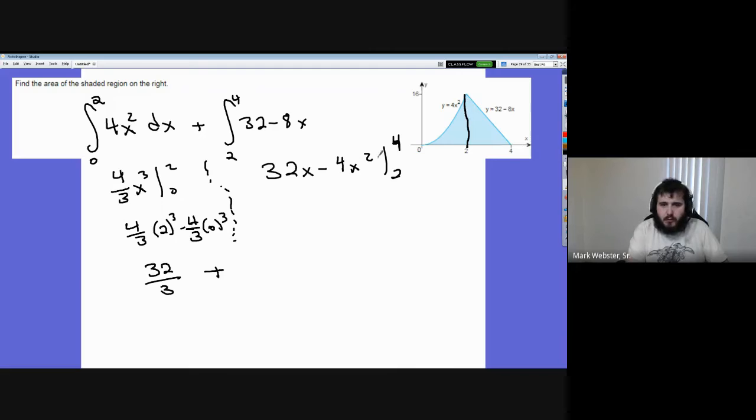And again, you'll do these separately. 32 times 4, 128, minus x squared, so 4 squared, 16, minus, so that's evaluated at 4 minus evaluated at 2, 64 minus 16.